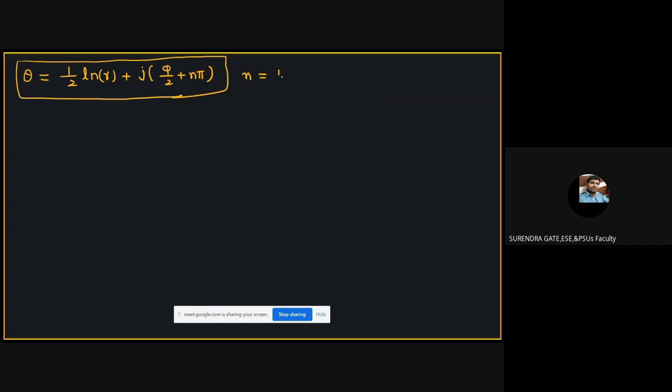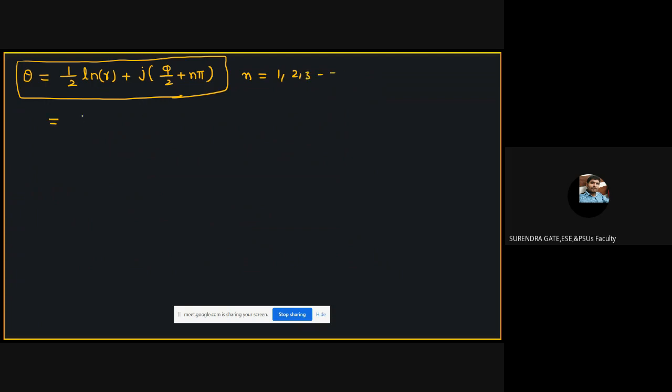And finally, the image transfer constant theta equals 1 by 2 into ln of R plus j into pi by 2, plus n pi by derivation. All these terms I will explain. Where n equals 1, 2, 3 and so on.